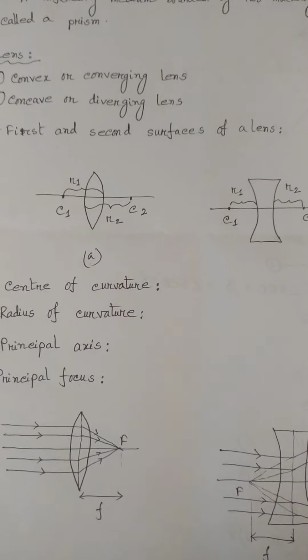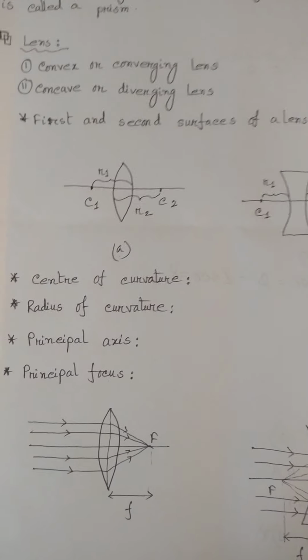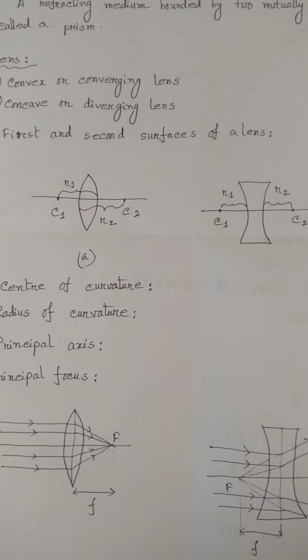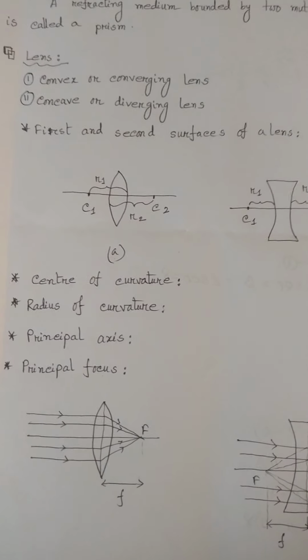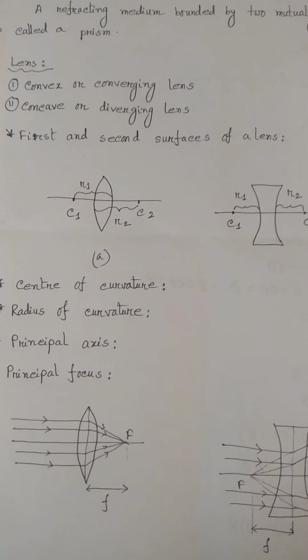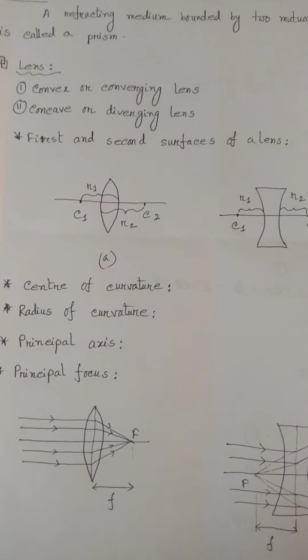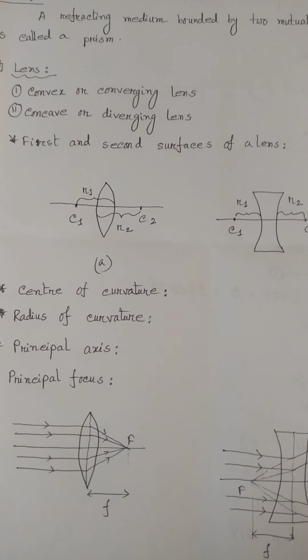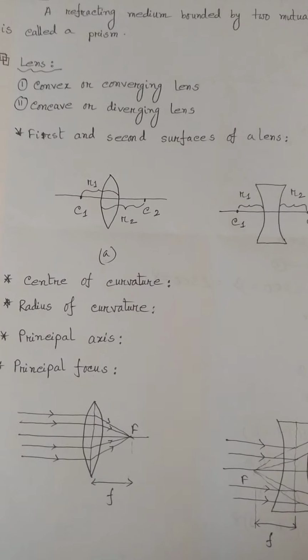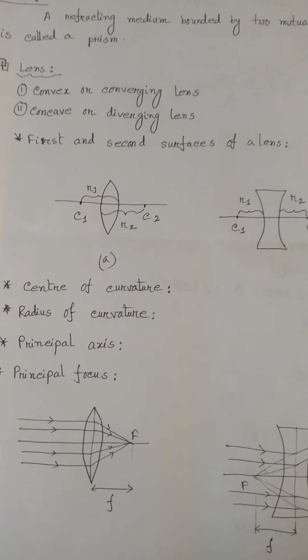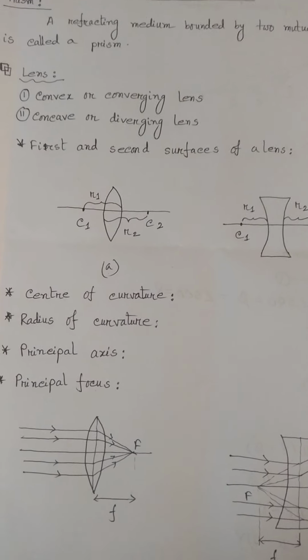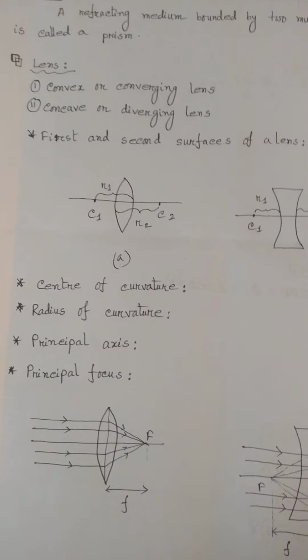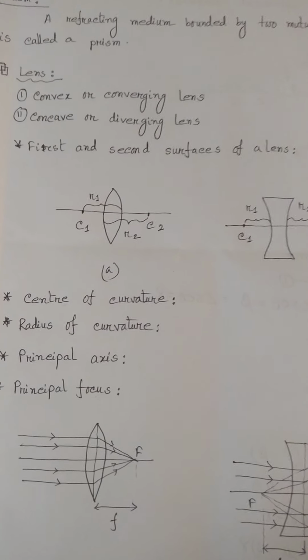Then focal length. What is focal length, which is denoted by small f? The distance from the optical center to the principal focus is called the focal length, which is denoted by small f.